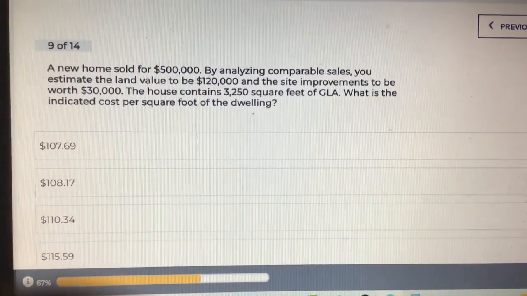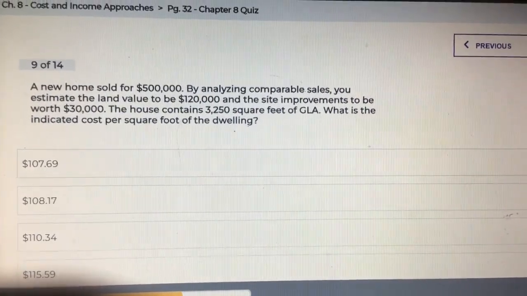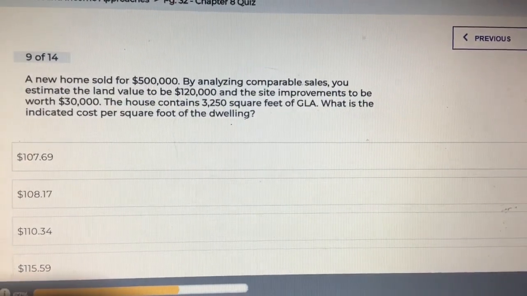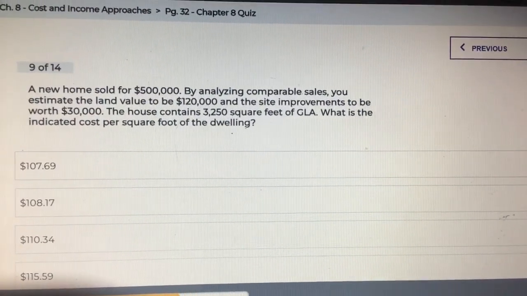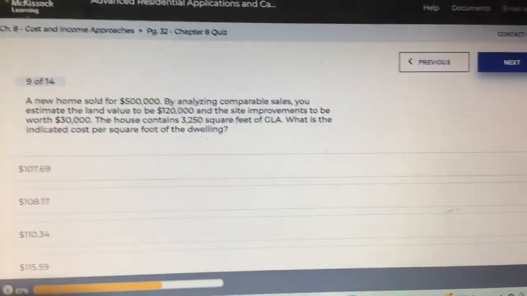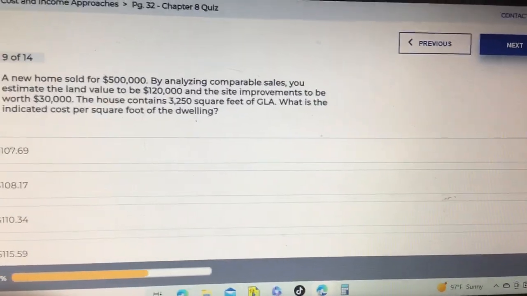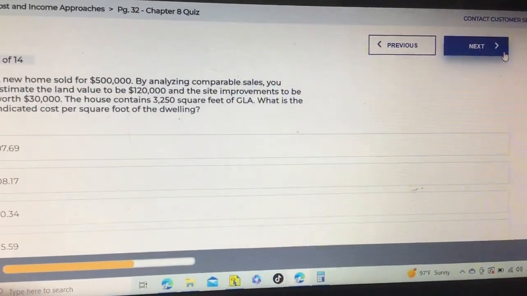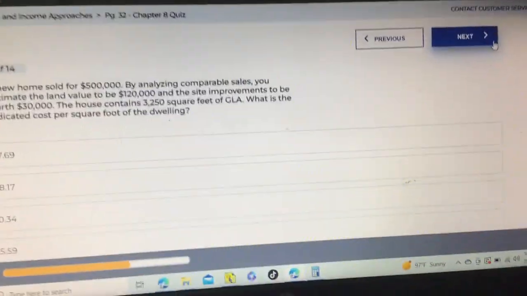Number 9. A new home sold for $500,000. By analyzing comparable sales, you estimate the land value to be $120,000, and the site improvements to be worth $30,000. The house contains 3,250 square feet of gross living area.